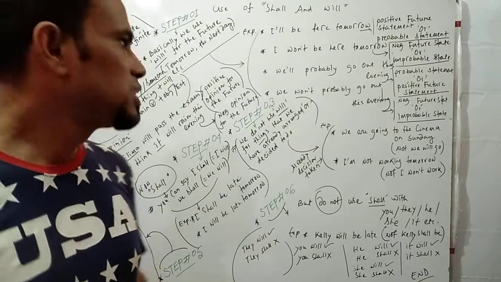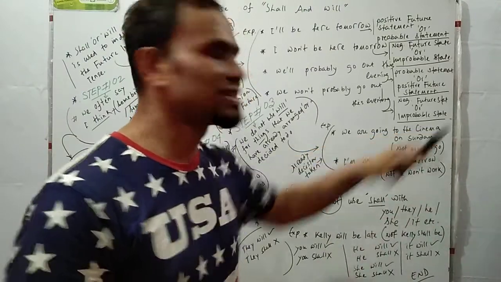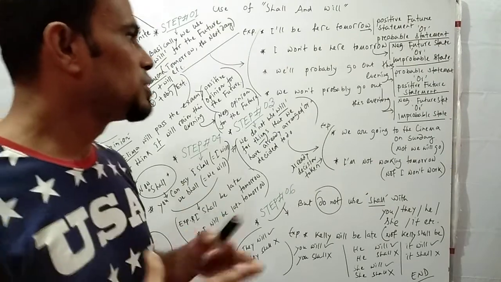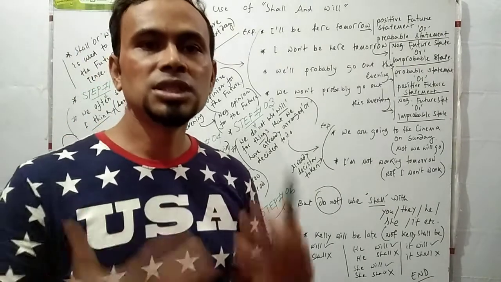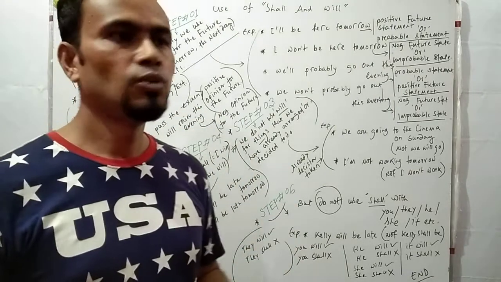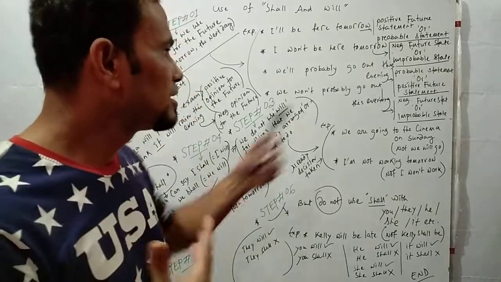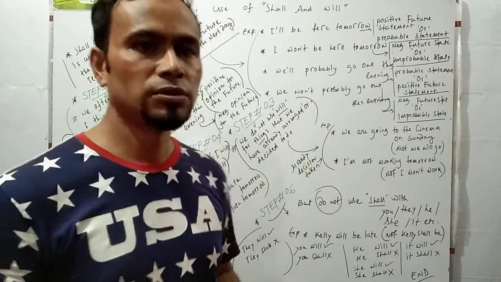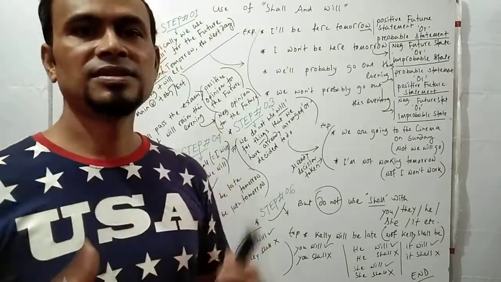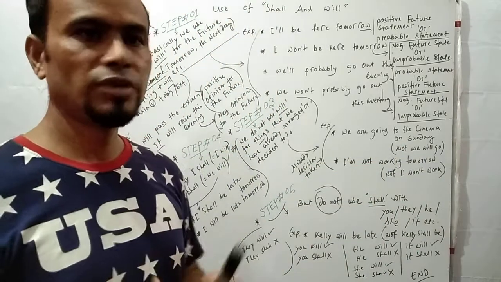That's why you cannot use "we will go to the cinema on Sunday", because we have to use present continuous tense to indicate the future. We could say present indicating future. So, we are going to the cinema on Sunday. This sentence is absolutely correct, not "we will go".